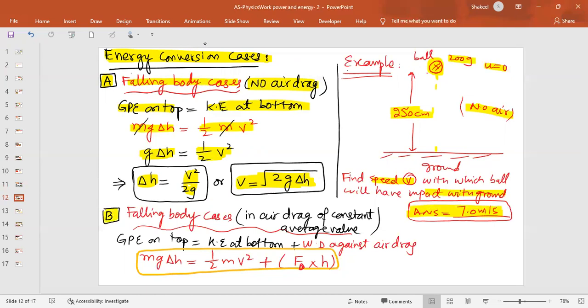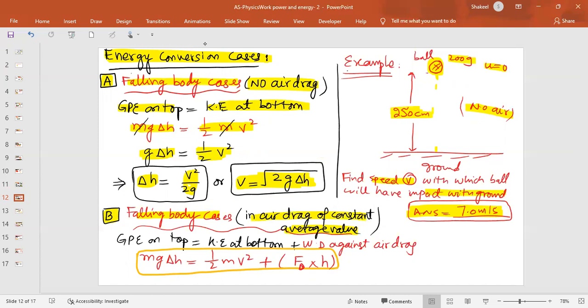Okay, so let's move on to case B, which is falling body cases, but with air drag of constant average value. Usually, air resistance depends upon speed. As the object's speed increases, air resistance increases. But in this case, we'll consider that the air drag has a constant average value.